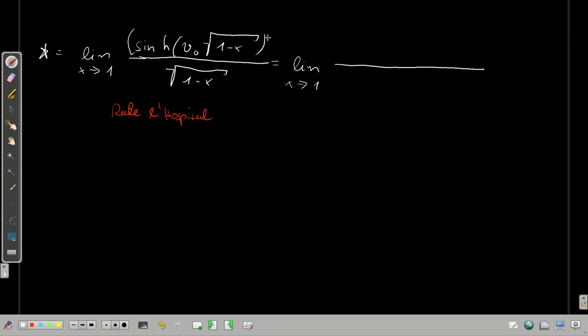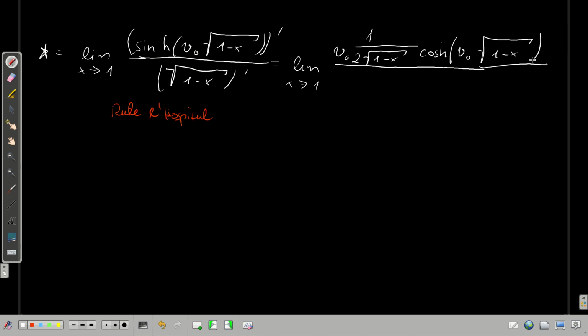So first, take the derivative with respect to x here, again here. So this is the derivative of the term within the brackets. And the derivative of the sinh is the cosh. Here, same for the denominator.